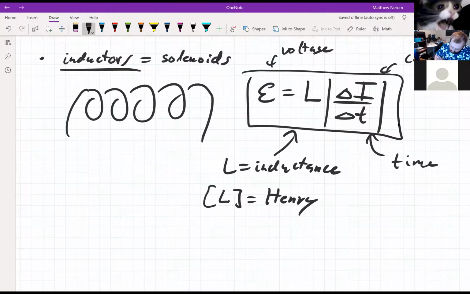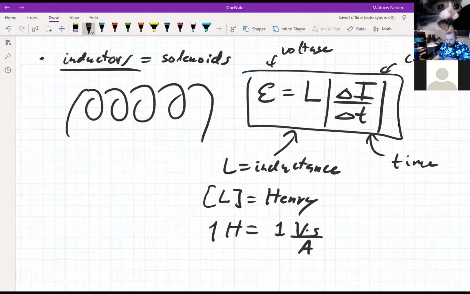So for context, 1 Henry is equal to 1 volt second per amp. And there are like 1,000 other ways to write that equivalently.